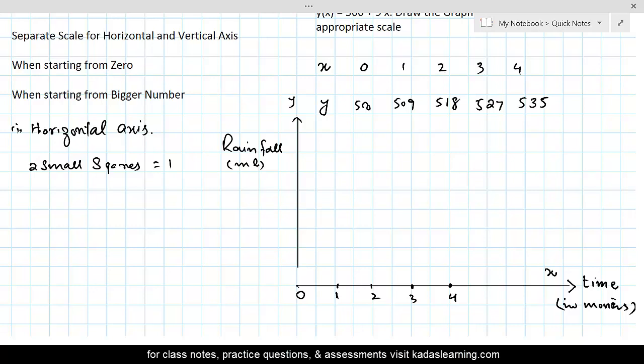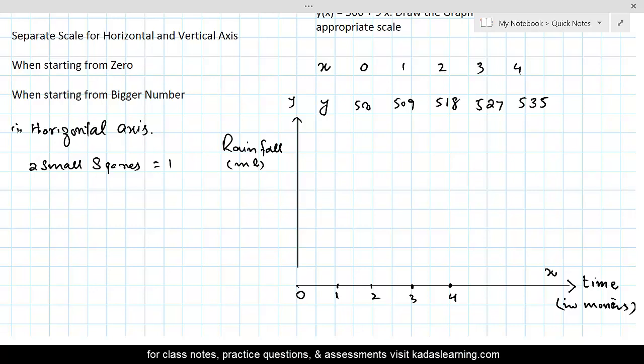If the space is available and you want your work to look neat and clean and spacious, not cramped, you can choose appropriate scale, just like I did for horizontal axis, because I had to plot only 5 values and there was enough space along horizontal axis. Therefore, I comfortably took two small squares equal to 1. But if the space was not enough, I would have chosen one small square equal to 1.